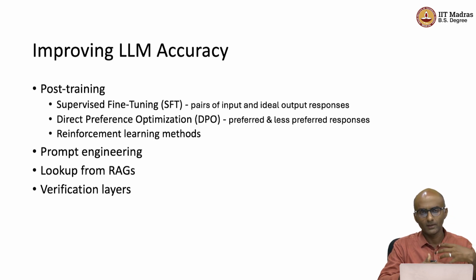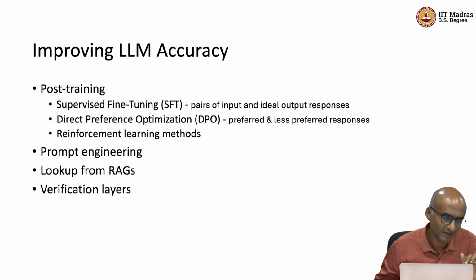What lookups do is allow you to read from known factually correct sources of information which have been provided as documents, basically as a RAG use case, and then use those pieces of information in the context window so that the LLM defers to it for factually correct answers instead of making up answers based on prior knowledge, or past knowledge at the training stage. So that's what lookup from RAGs means.